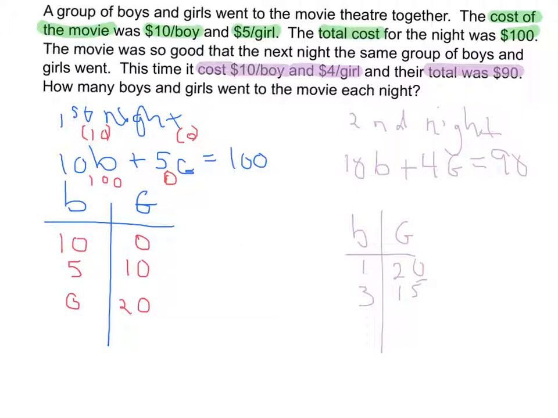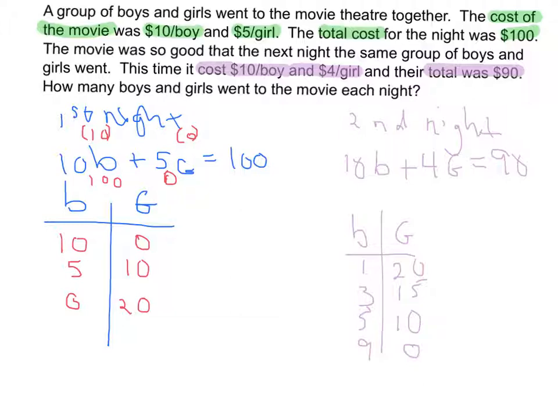If there were 5 boys, there would be 10 girls, and 9 boys, there would be 0 girls. Okay, so again, we have several possible answers for the second night as well. So we obviously need to find the number of boys that was a possible solution for both nights.